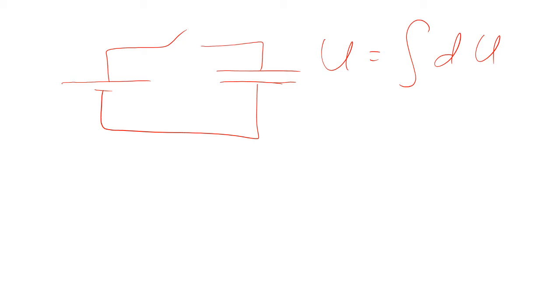We're kind of on the right track here in our original idea, in that V is going to be the U per charge. So U is going to be QV. So that would suggest that dU is going to be V dQ.